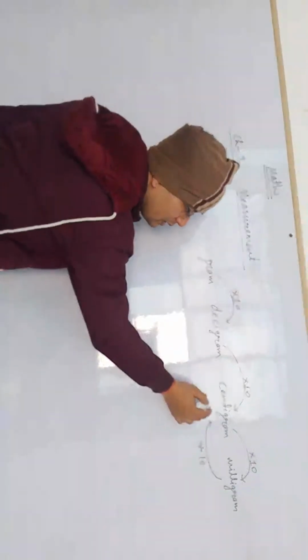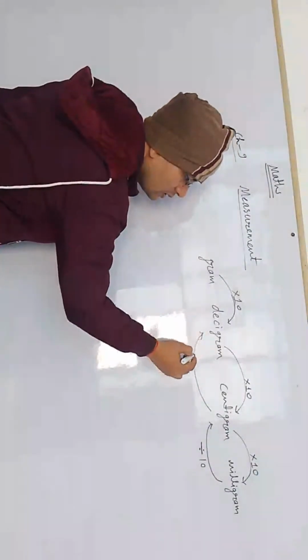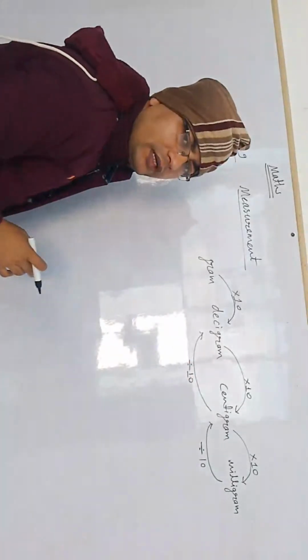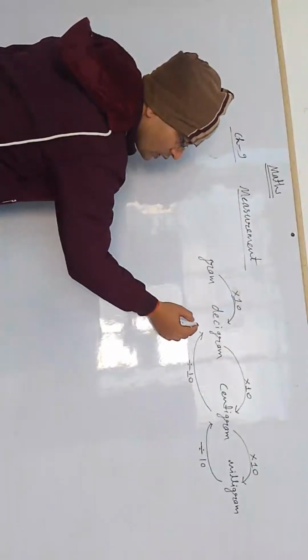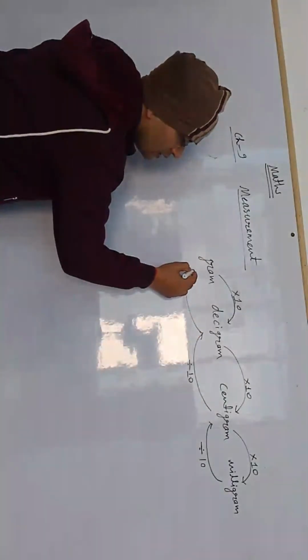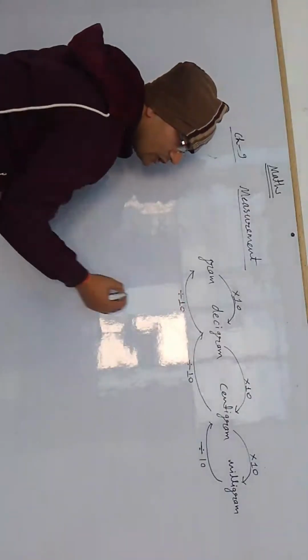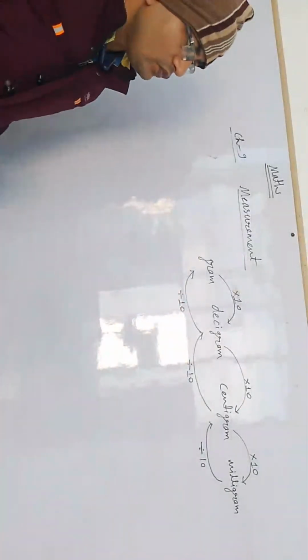In 1 centigram there is 1 upon 10 decigram, and in 1 decigram there is 1 upon 10 gram.